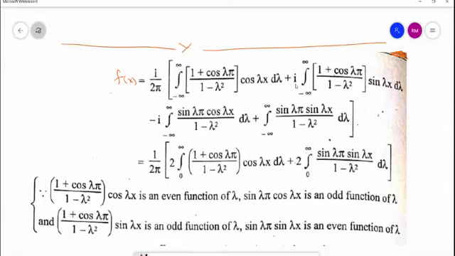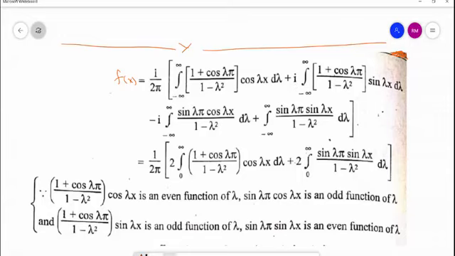So if you observe the first term, integrand, observe here, 1 plus cos lambda pi whole divided by 1 minus lambda square complete cos lambda x. So if you replace lambda by minus lambda, then also we get the same value here. That's why this is an even function of lambda.